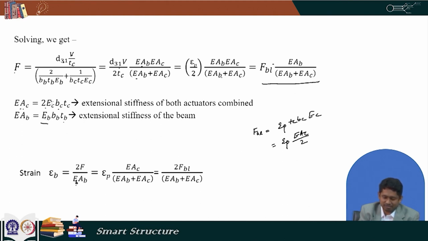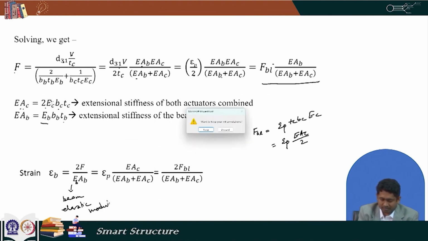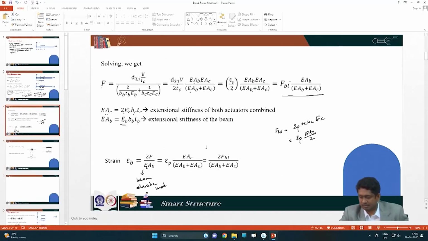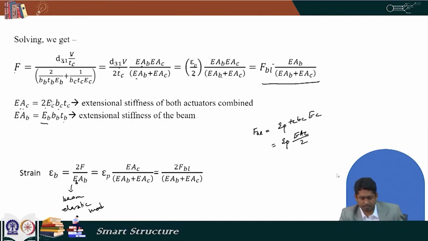So, it is EB, the beam elastic modulus, and then again it can be further simplified and written in terms of either epsilon p or FBL.